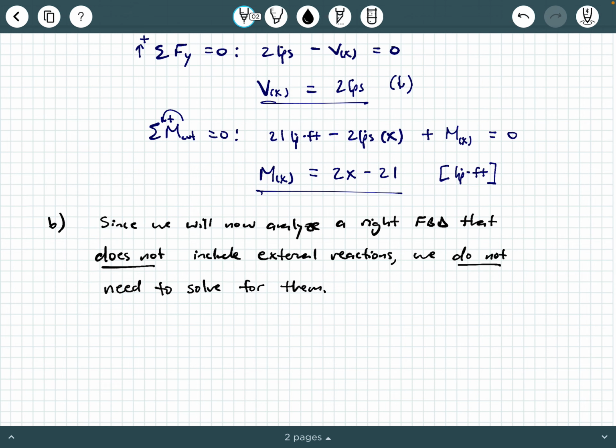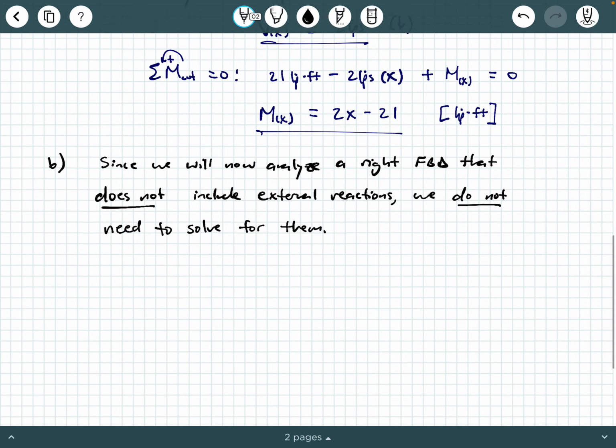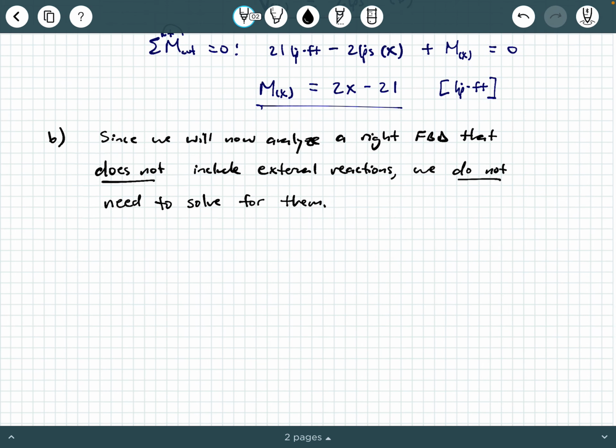So this is one advantage if you're able to define your own x variable in a problem. If there's not one given to you, you have to define one yourself. If you can define an x variable that will bypass solving for external support reactions, that can save you some time. So here I'm going to draw a right free body diagram with my cut section shown here, and at the free end I have my 2 kips and my 5 kip feet.